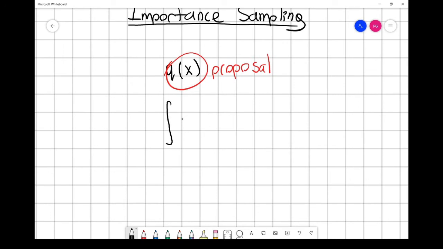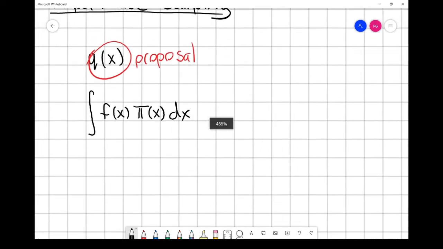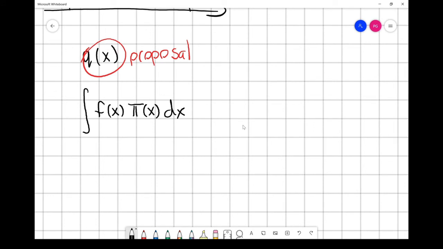And then we're going to take the integral that we want to approximate. So remember, that's the integral of f of x multiplied by pi of x. And we're going to take the term inside the integral. We're going to both multiply and divide by q of x. So this becomes the integral of f of x pi x over q, so target over proposal, and then there's our proposal there as well. So we've not changed anything in the integral.